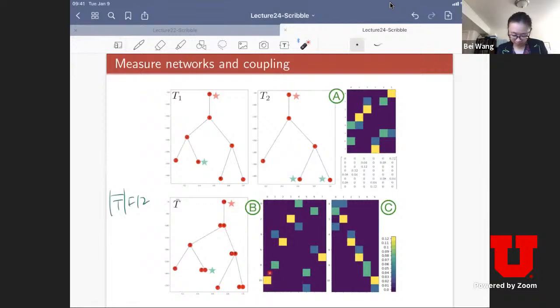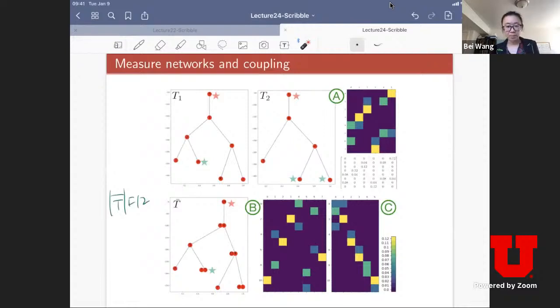And that is coupled with 0, which is the root of T1. Now, you can look at either row 0 or row 3, but let's look at row 0. Node 0 here, with a green star, is coupled with node 4. Node 4 is this node right here. And node 3 is also coupled with node 4, which is also this point. So that is the coupling between the average tree and the first input tree.